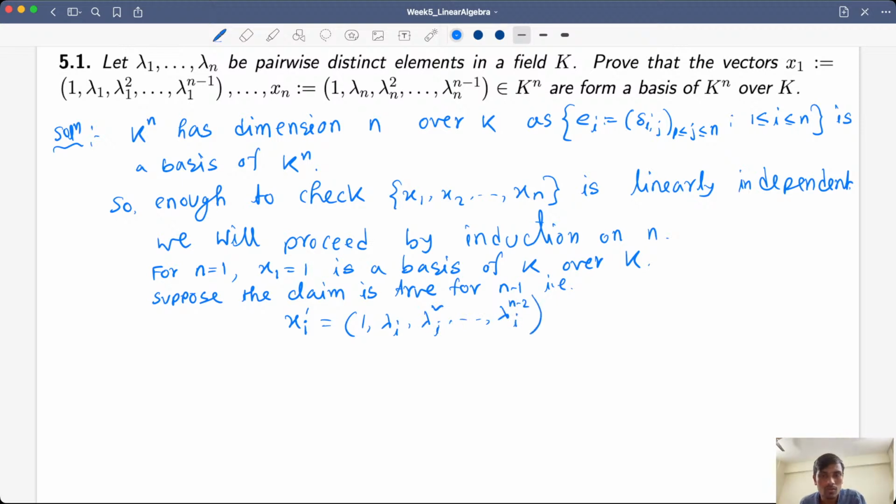So this belongs to k^(n-1) for 1 less than or equal to i less than or equal to n minus 1.